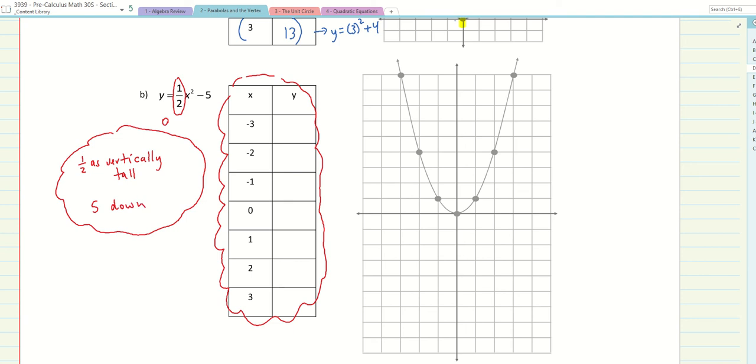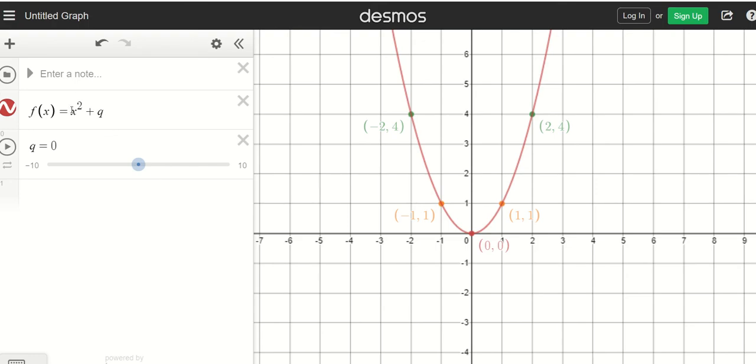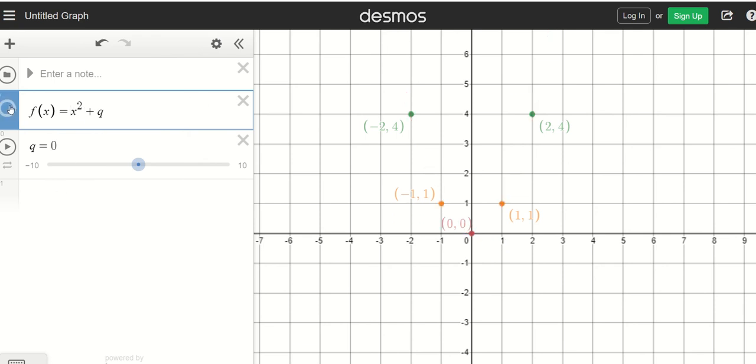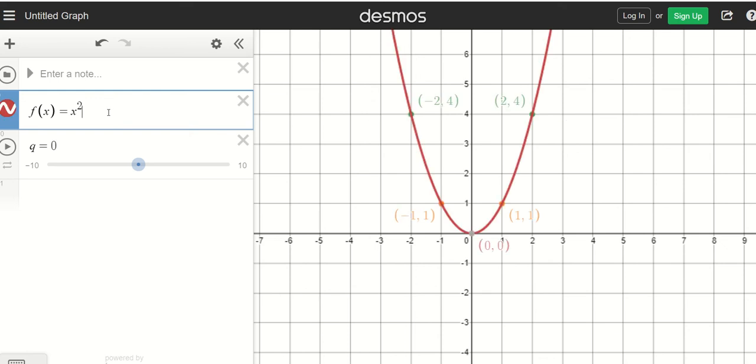Imagine, let me go back to here, and let's draw how this is going to look. I'm just going to erase this. So here's a regular parabola, f of x equals x squared.